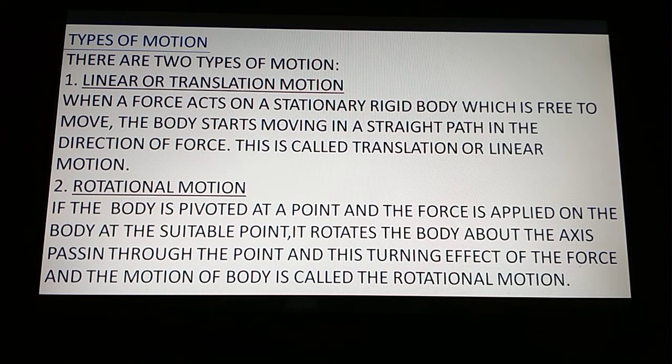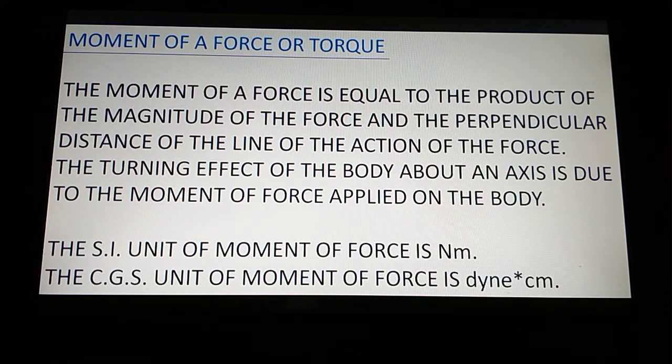Okay, so next is moment of a force or torque. The moment of a force is equal to the product of the magnitude of the force and the perpendicular distance of the line of the action of the force. The turning effect of the body about an axis is due to the moment of force applied on the body.